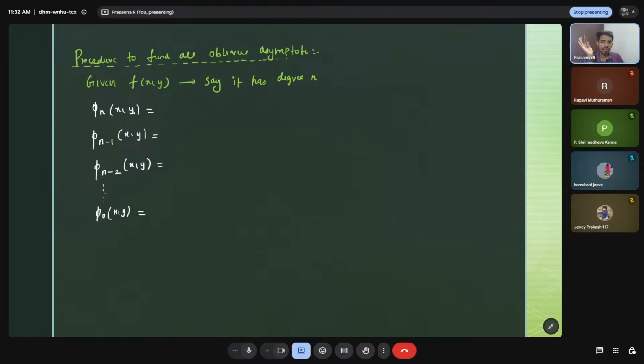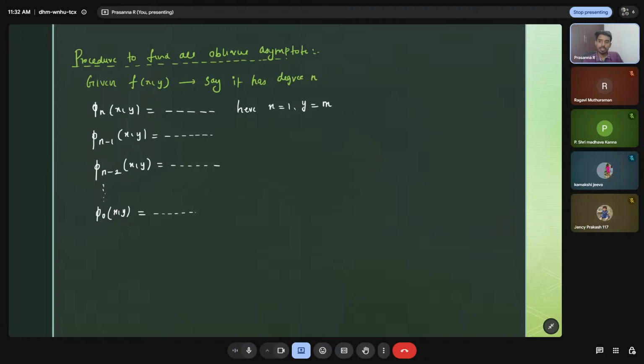So that means phi3 of x comma y, phi2 of x comma y, phi1 of x comma y, and then phi naught of x comma y. You just write the functions here. So what I am doing is you write the nth degree term, the n minus 1th degree term, the n minus 2 degree term, and then the constant term. Now here, what you have to do is put x is equal to 1, y is equal to m.